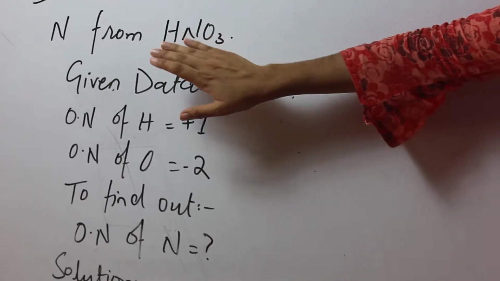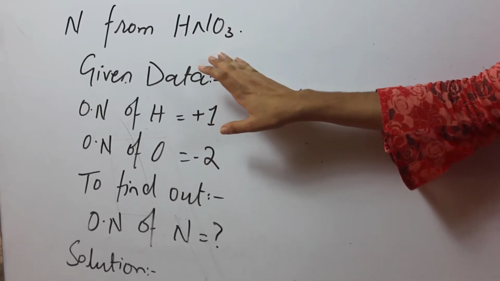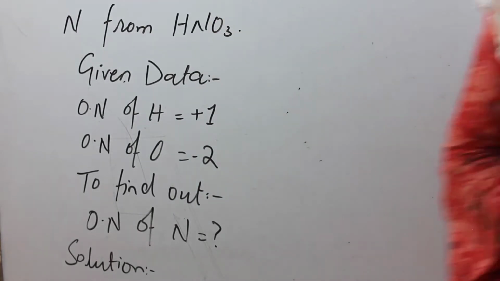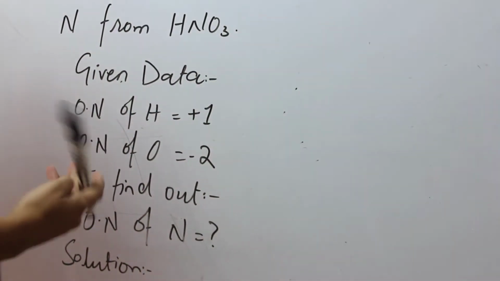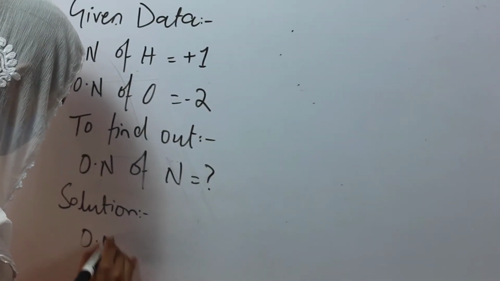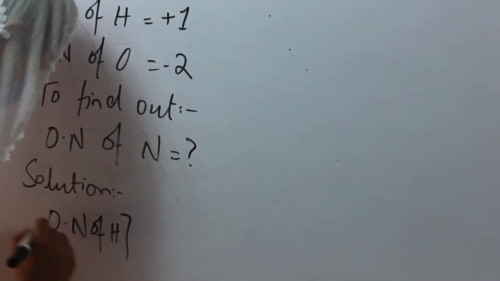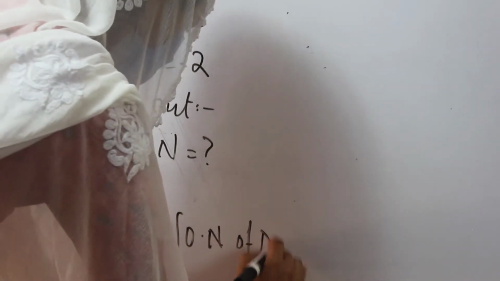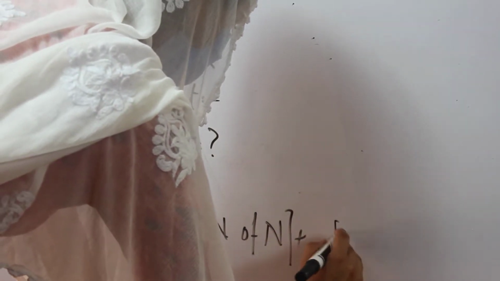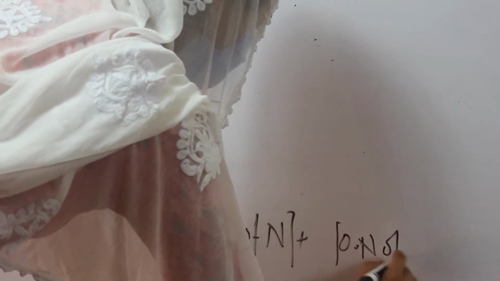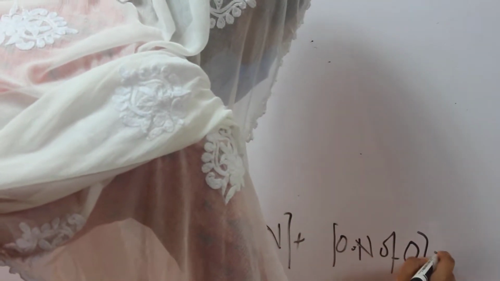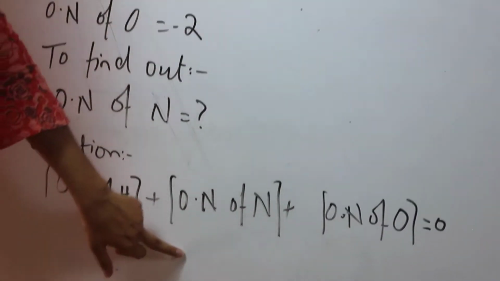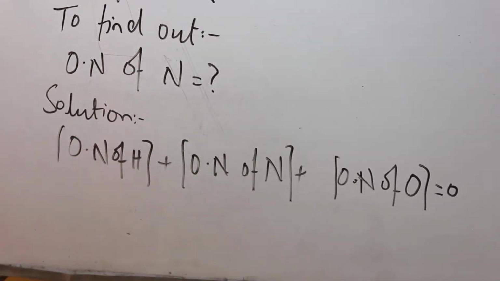When we add up the oxidation numbers of all the elements of the compound, we can calculate the oxidation number of nitrogen. It means here we are applying the formula: oxidation number of hydrogen plus oxidation number of nitrogen plus oxidation number of oxygen equals 0, because the sum of the oxidation numbers is equal to 0 in a neutral compound.